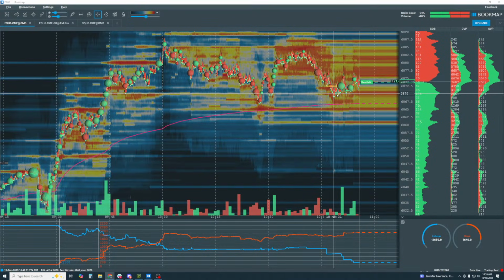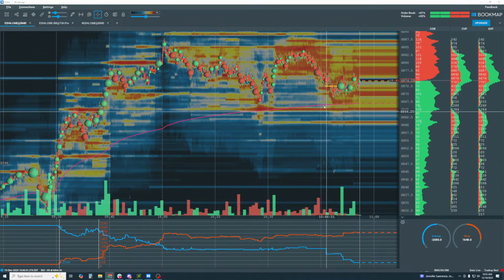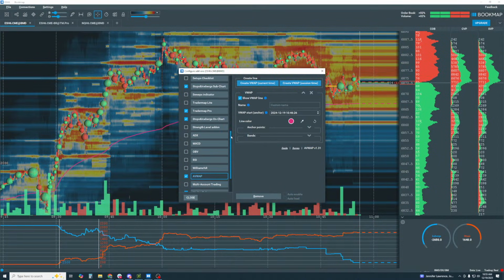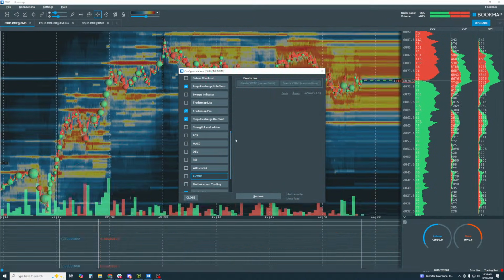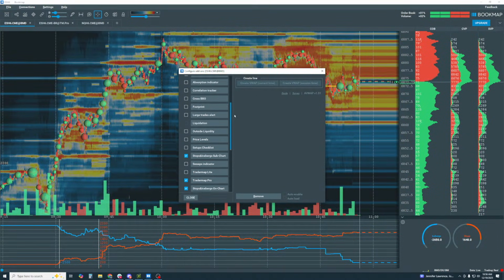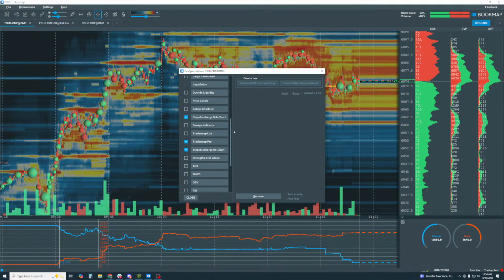All right, next, what other edge? Well, you're going to capture that, and it's going to be in your trading journal. So you turn on your trading journal. Guys, I'm going to get rid of the VWAP. You turn on your trading journal, and it's the trading statistics.